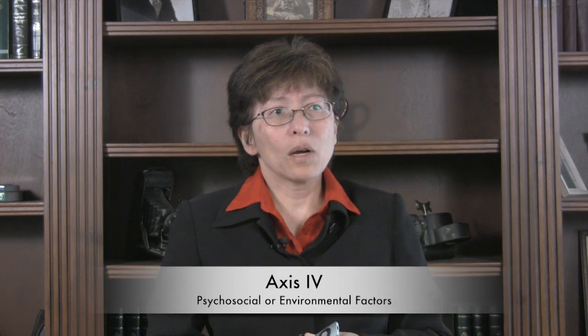Axis 4 are your psychosocial, environmental variables. So, for example, let's say again I had major depressive disorder on axis 1, and I was having significant distress at work, at my job.